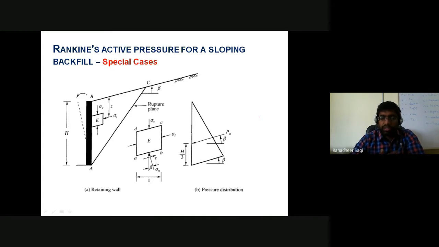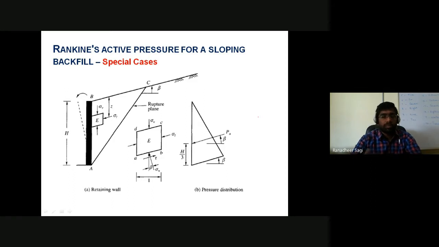In the assumptions of Rankine's theory, we said the backfill is dry, but it's not always that we go for the dry condition of the backfill. We are also taking the reference of the water table. Depending on the position of the water table, we have seen how your earth pressure varies, in the active, passive or at rest condition. That special case is what we call the submergence condition of your soil.